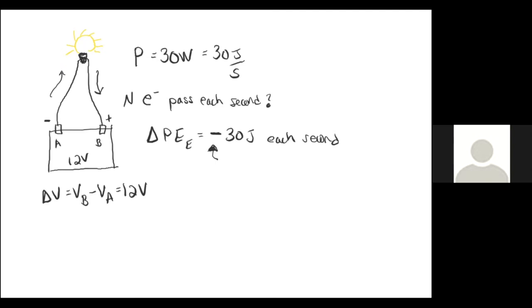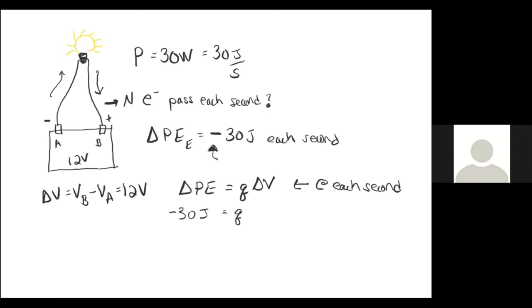We need to figure out the number of electrons that flow through our headlight each second. To do that, we can use this equation that we just saw, that the change in potential energy is equal to the charge times the change in potential, or the potential difference. And since our problem is asking us for the number of electrons each second, we can evaluate this equation for each second. So for each second, we know that our battery loses 30 joules of energy.